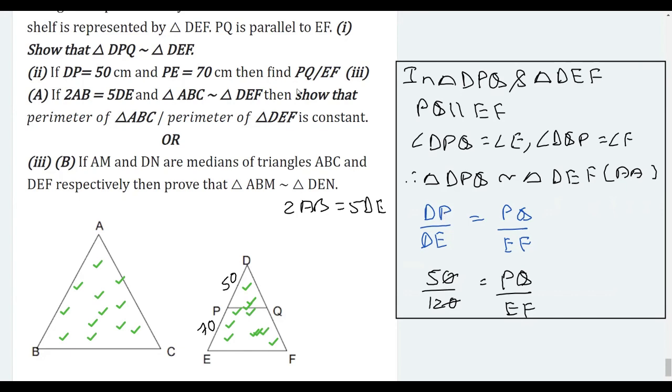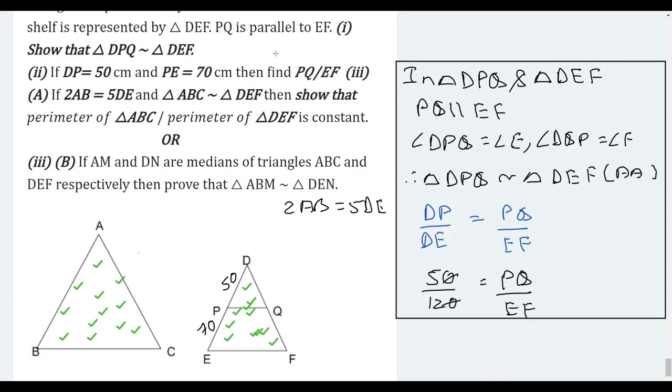I think I misread one of the parts. This constant was over here, we have to find this value. Anyway, we have calculated it correctly. What we have to prove here is that the ratio of the perimeters of these two figures is constant.